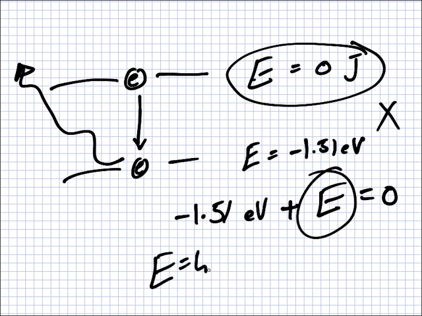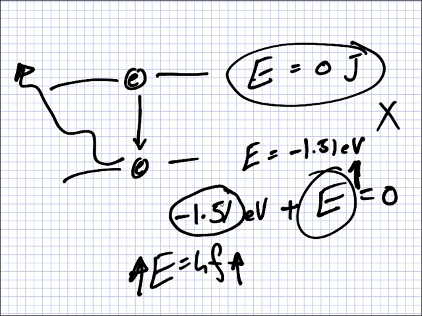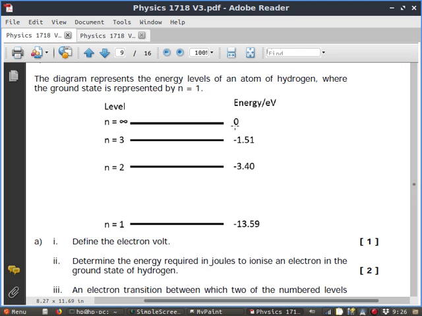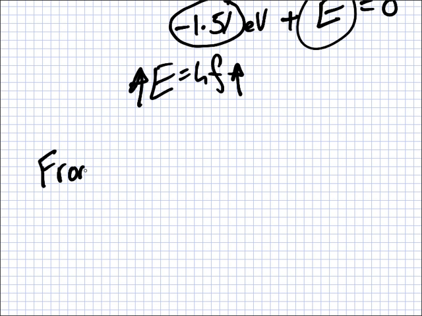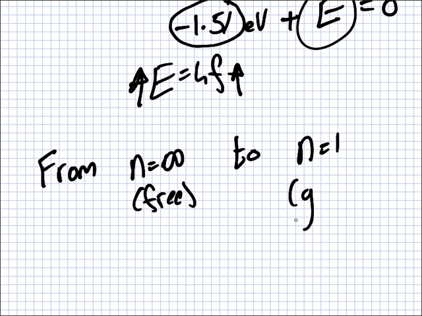Because E equals hf, the highest frequency means the highest energy. The highest energy here means the most negative here. So if the electron goes from this to this, it will make the photon with the highest energy and highest frequency. So the answer is from n equals infinity, which means that it's free, to n equals 1, which we call the ground. That's the answer.